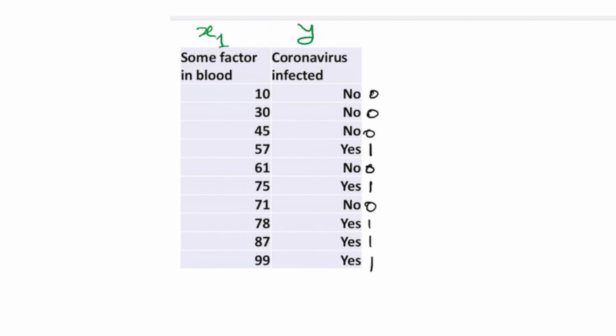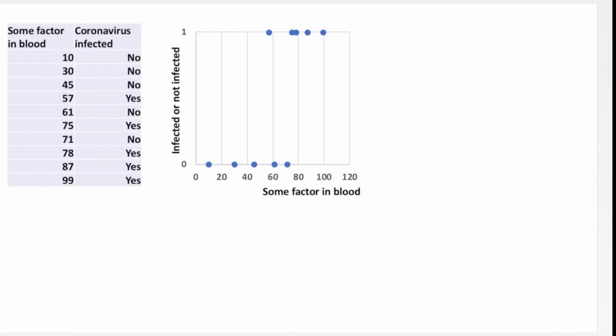Now if we plot this data, that means in the horizontal axis if we put x1 and in the vertical axis if we put y, we receive this particular plot.